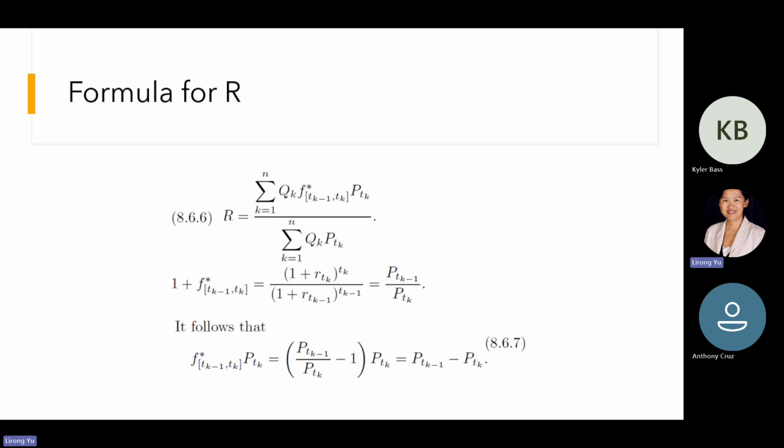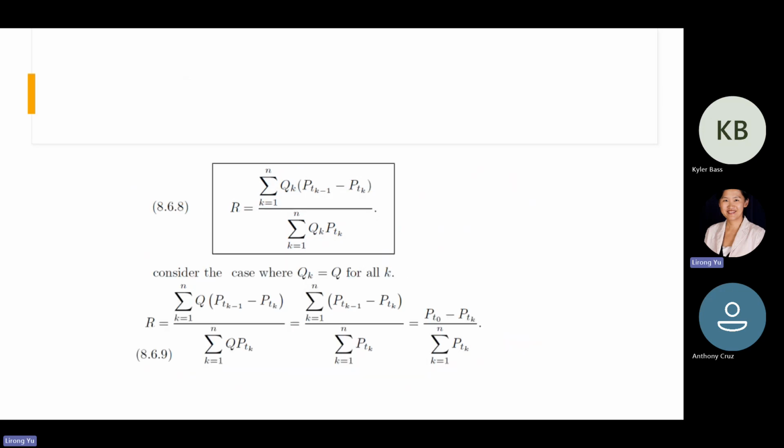So the last line of the calculation explains that in the numerator, you are going to have a summation of Q_k times (P_{t_{k-1}} minus P_{t_k}). It looks like this. All right. So now the formula looks a lot more concise, as long as we have all those P_t, which is a price for a future $1 calculated now. P is a price formula, a price value.